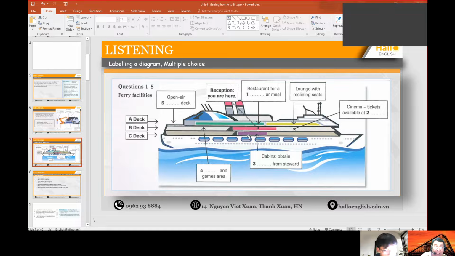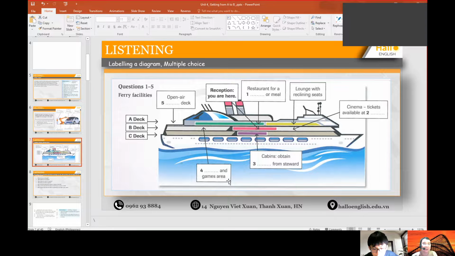Next, number three, cabin. Obtain blank from steward. I think that's C. So deck C. What about number four?